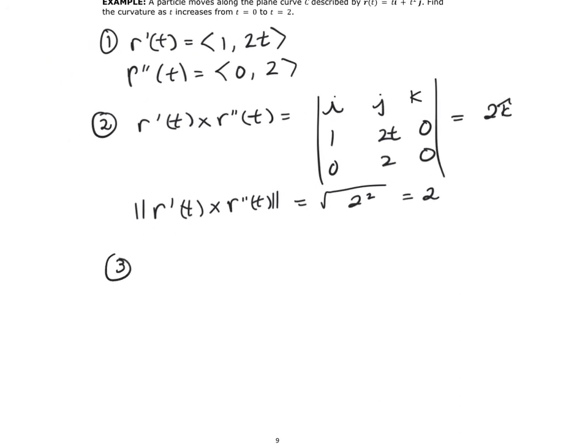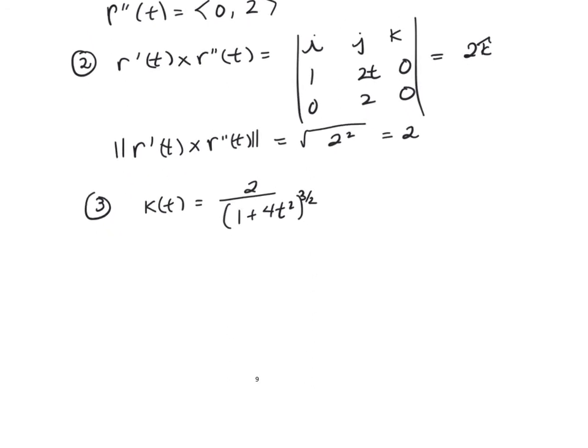All right, so let's go ahead and put that into my k of t, which is going to be 2 divided by 1 plus 4t squared, raised to the 3 over 2. Now let's take the derivative of this. So k prime of t, I'm going to rewrite this as 2 multiplied by 1 plus 4t squared raised to the negative 3 over 2.